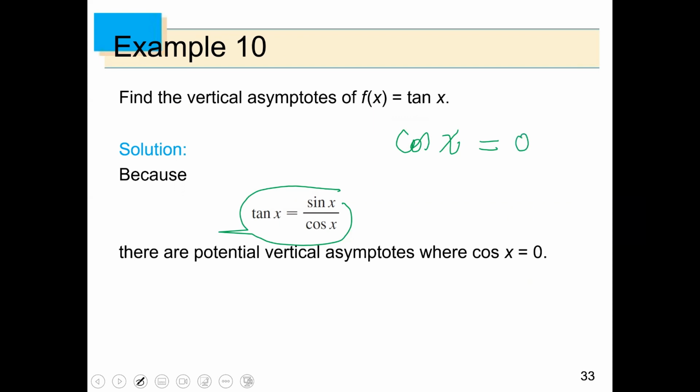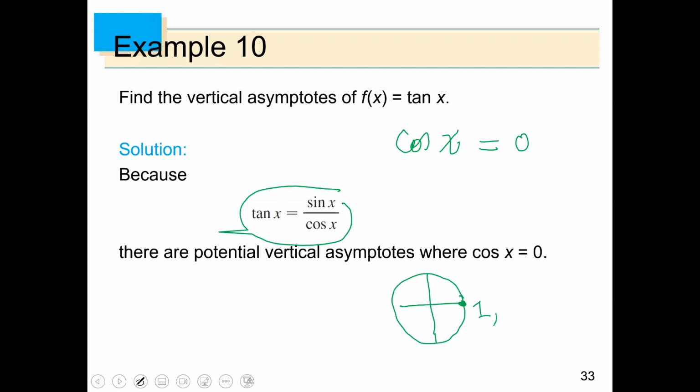But when cosine x is equal to 0, remember, at least the first value that we know for which cosine is equal to 0. Remember, if we take a point here, the x is the cosine and the y is the sine.